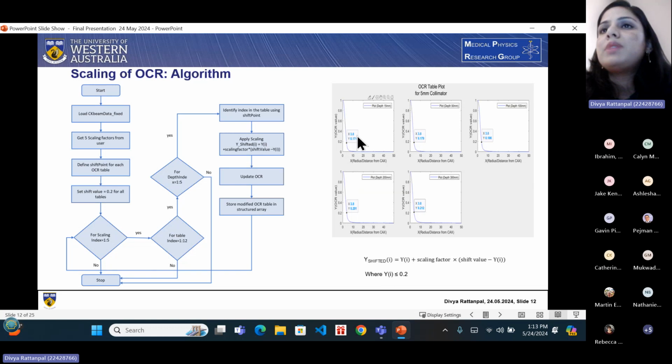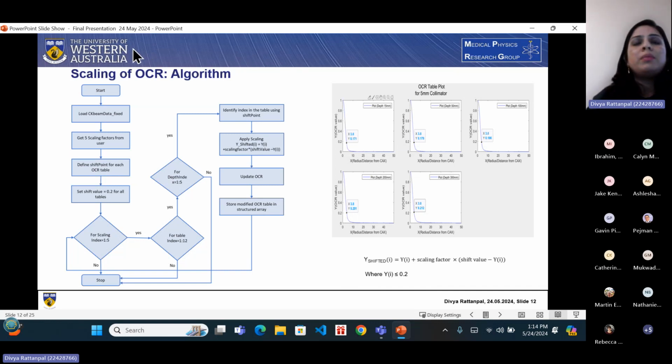It has been chosen in such a way that Y is less than or equal to 0.2. I looked at all the off-center ratio tables, and for each collimator's table I chose the scaling point X based on Y being less than or equal to 0.2, and this scaling point represents the start point where the scaling of the OCR will be done.